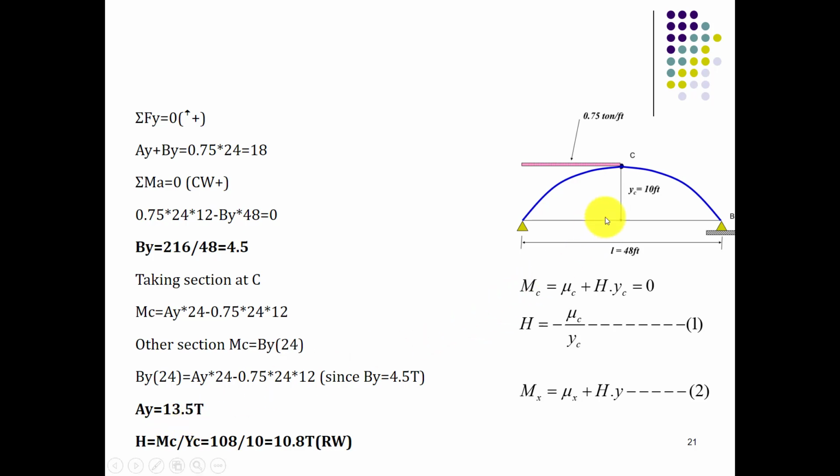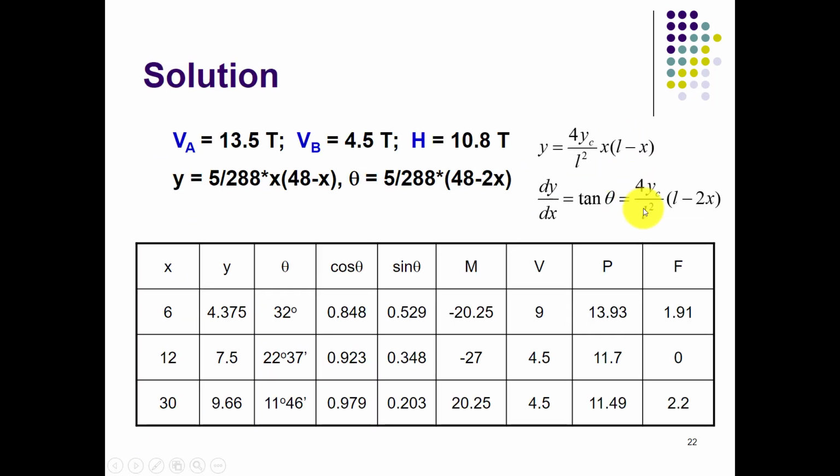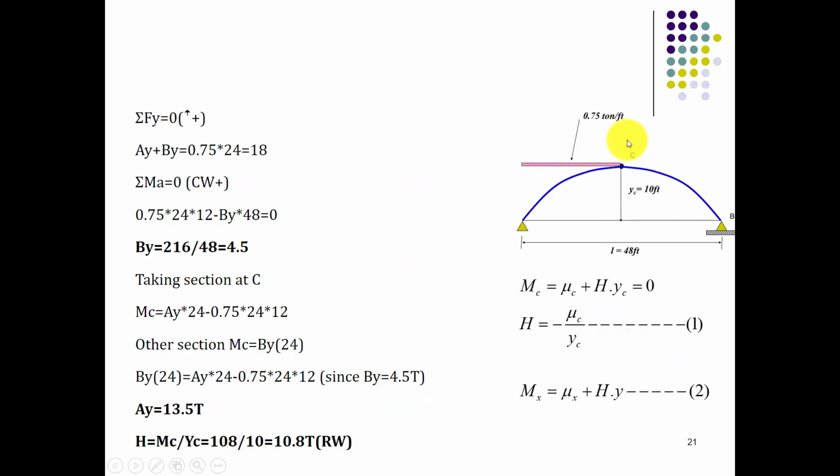Afterwards, you have to calculate the value of the horizontal thrust, how much horizontal thrust is there to support these imposed loadings. So for this purpose, we will have to take the section over here. So we'll take the section at point C and calculate the value of the moment at C.